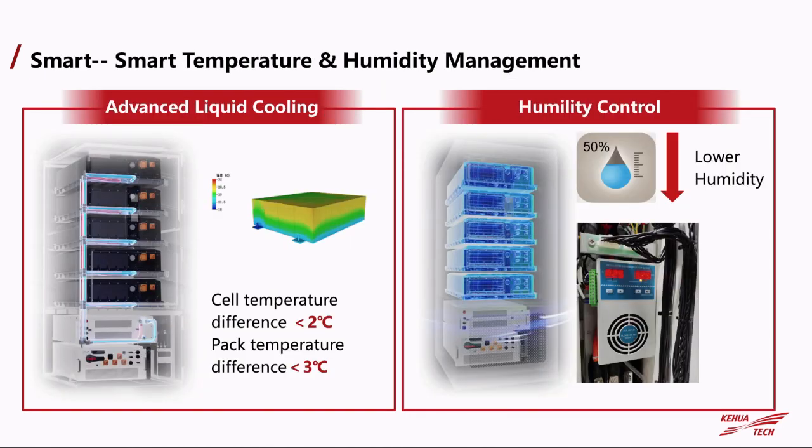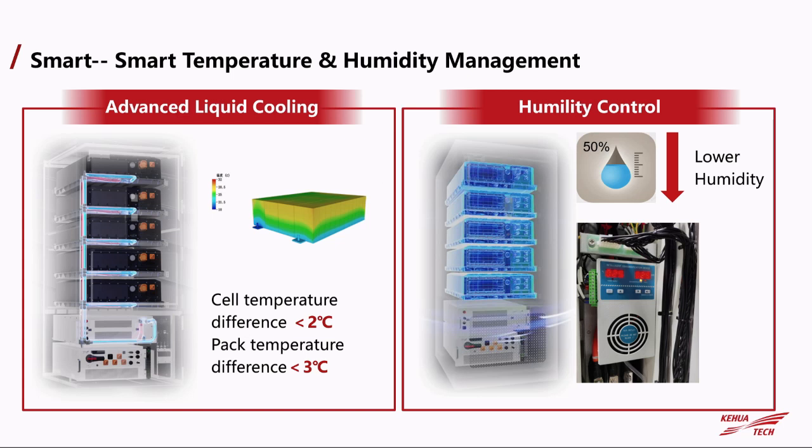And also for the smart point, we know that for the energy storage system, the battery is the most important part. So in order to extend the battery life, to protect the battery, and to let it operate at the most suitable condition, we have an advanced liquid cooling system to manage and control the battery cell temperature.